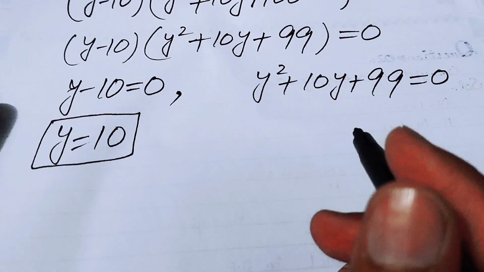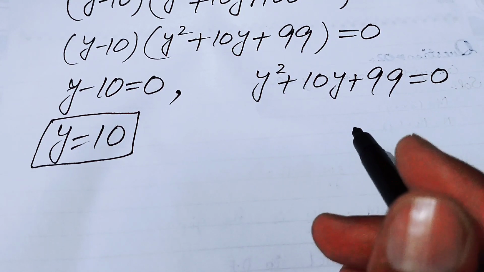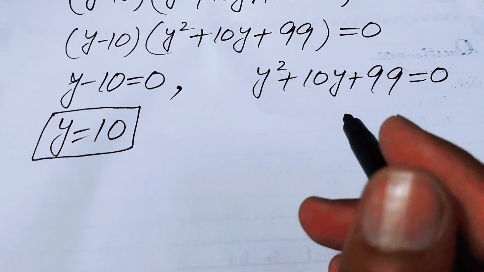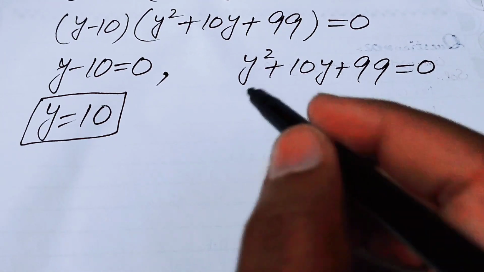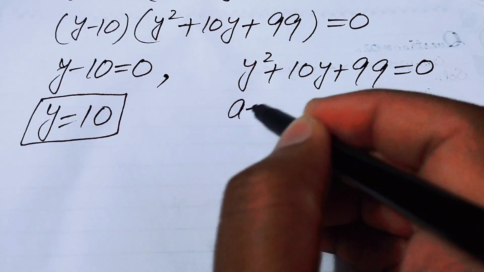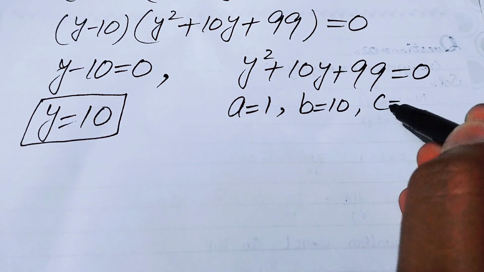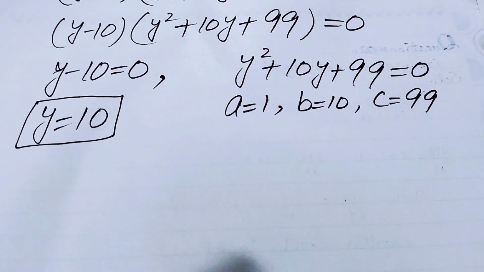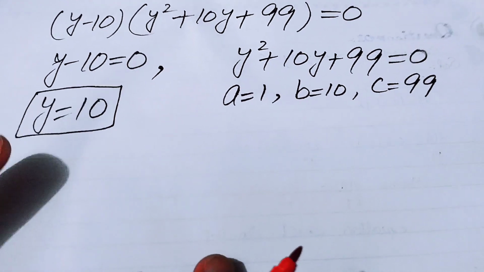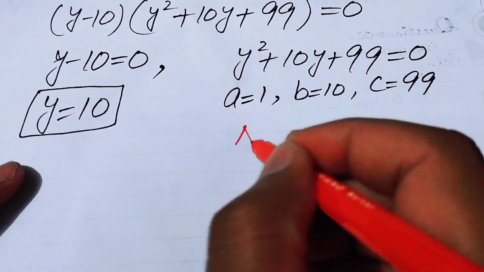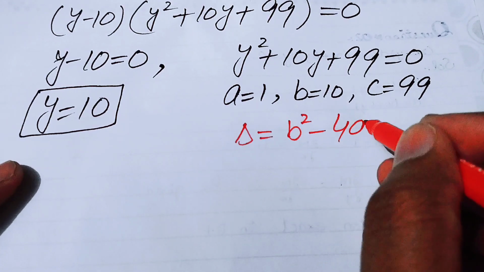Now we will solve the second case. First I can check whether this quadratic equation has real roots or not, so we will use the nice discriminant formula, where a is 1, b is 10 and c is 99. First I can explain a little bit about the discriminant formula.